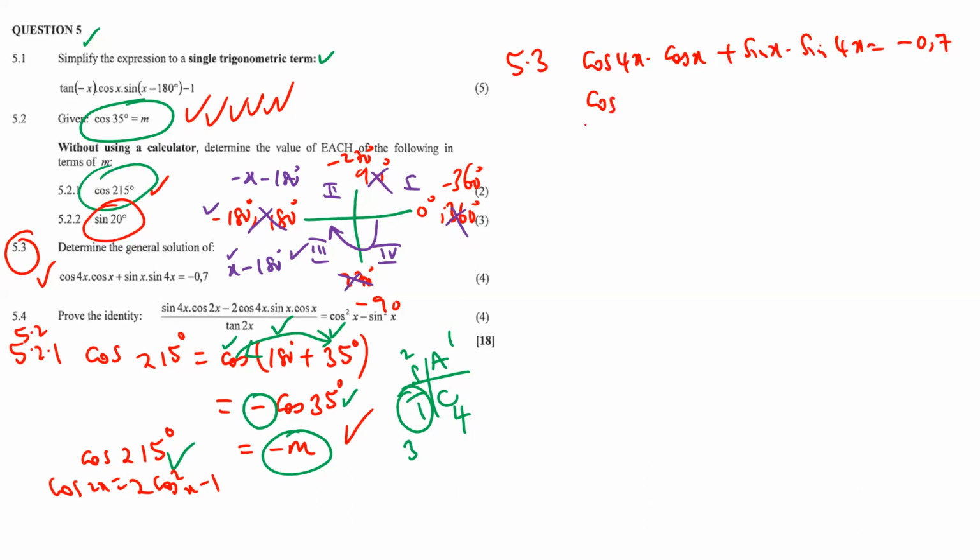We know that the cosine of a minus b is cosine a cosine b minus sine a sine b. So this is going to be cosine of a minus b, which means 4x minus x equals minus 0.7.